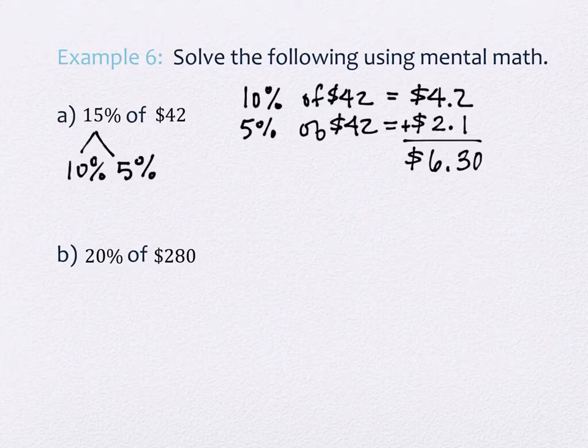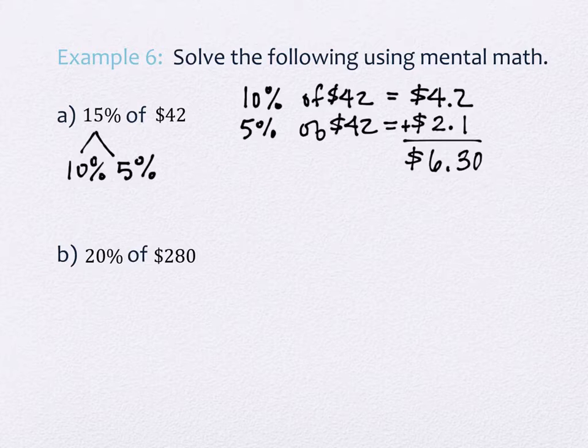So here's the kicker about mental math, is that I can't see the math in your head. So you have to show me a little written work to sort of explain what you're doing in your head. Here's another kicker about mental math. You can only support so many mental math pieces at one time to get an answer. So for instance, 15%, that's actually 3 math problems you just did in your head, in theory.